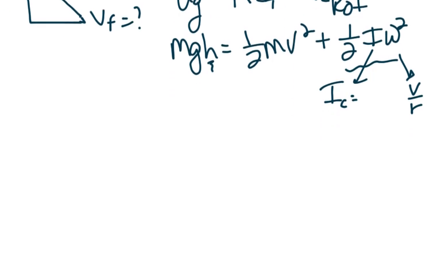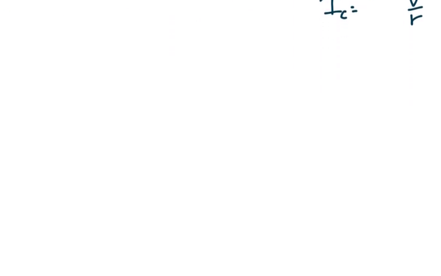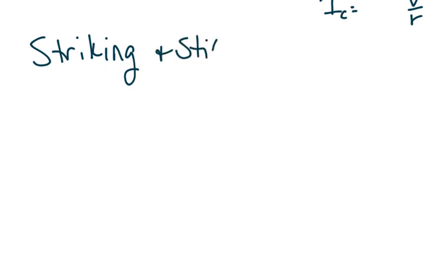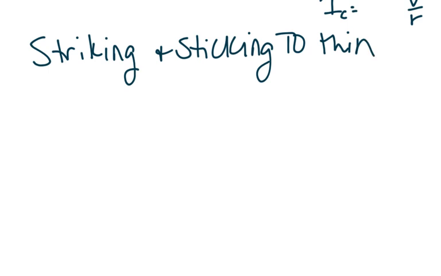We will get momentum, though, when we do something striking a thin rod. So you're going to have a lab today that is going to explore what happens in collisions when something is caused to rotate.